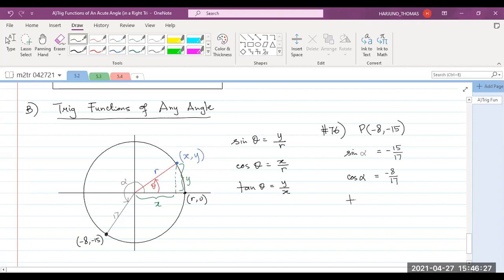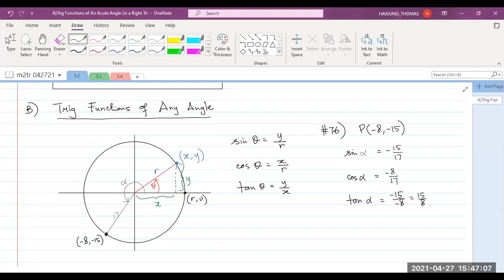And tangent alpha is y over x, negative 15 over negative 8, which is 15 over 8. Now, do not underestimate this approach here.